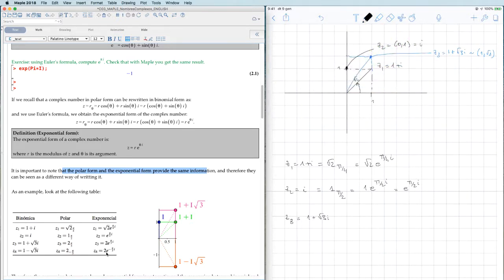Now, in order to convert it to polar, we need to compute the modulus, which is the square root of 1 squared plus square root of 3 squared, which is 2. And the argument, since we are in the first quadrant, is directly given by the arctangent of the imaginary part, square root of 3, divided by 1. And this is going to be, if you look at the table, pi over 3, which is 60 degrees.